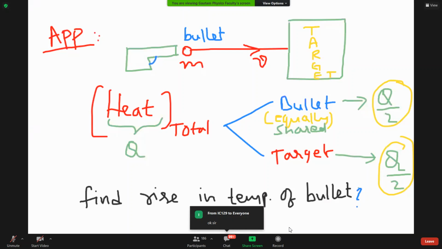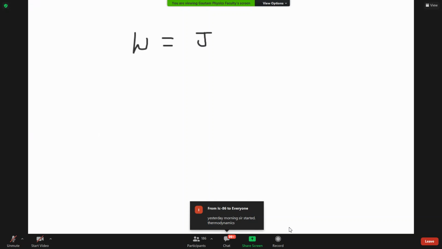A bullet of mass m moving with a speed v hits the target, and the heat generated is equally shared between these two. Because of that, what is the rise of temperature of the bullet? First of all, the heat energy: W is equal to JQ.